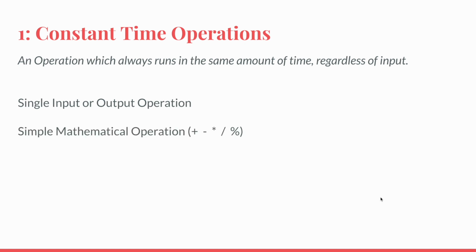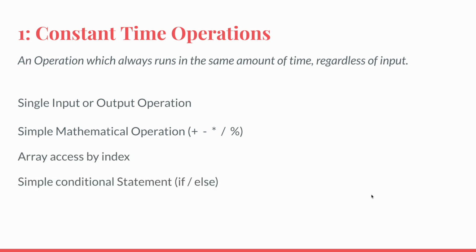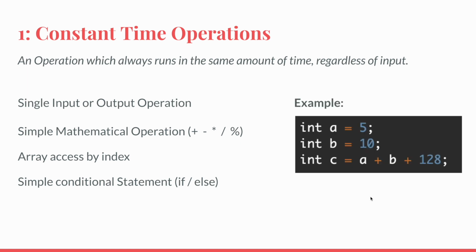A simple mathematical operation, such as addition, subtraction, multiplication, division. Accessing an array by an index. A simple conditional statement, such as an if or an else. And many more.